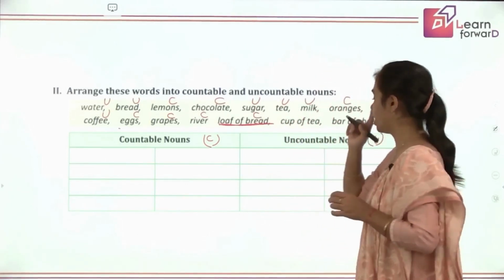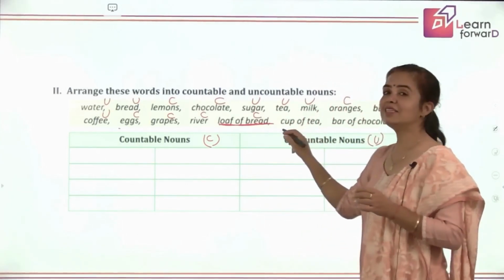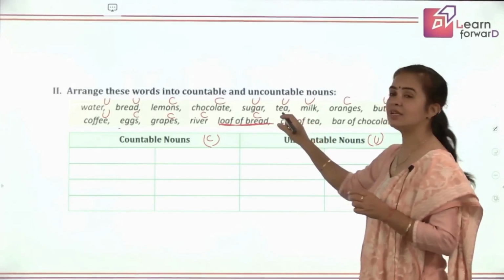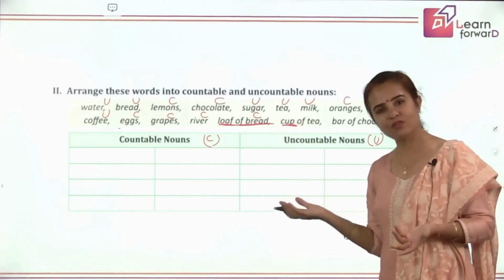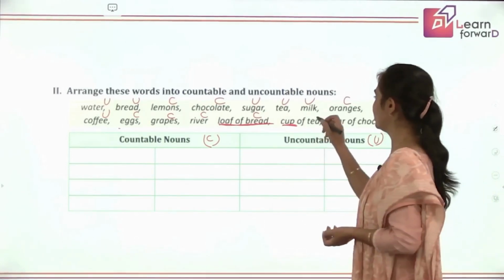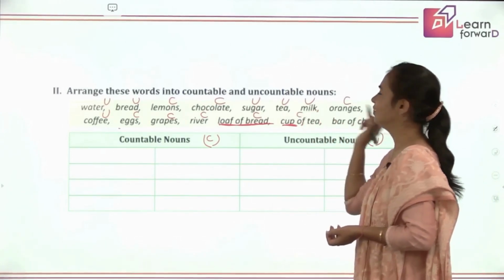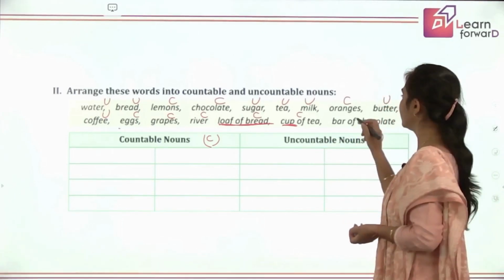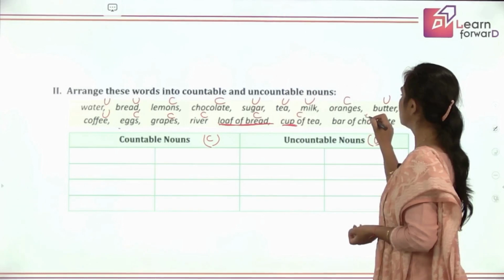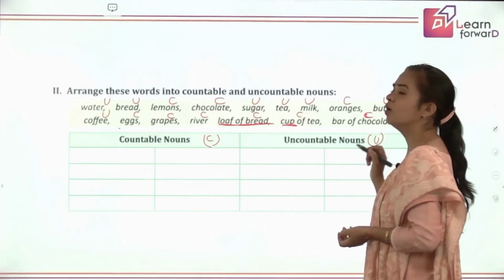Bread is not countable, remember. Again, see, they are not talking about tea here. Tea is uncountable. Now they are talking about cup of tea. Yes, of course. You can count the cups. How many cups of tea should I make? That is countable. And the bar of chocolate. Perfect. So, the bars of chocolate are also countable.